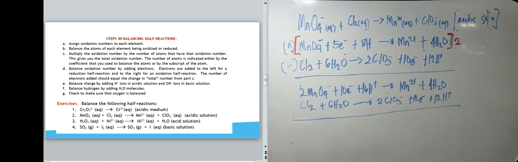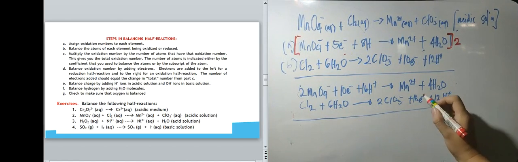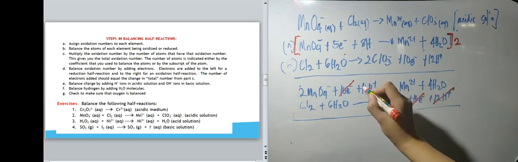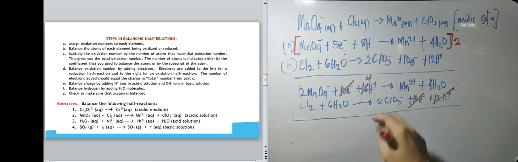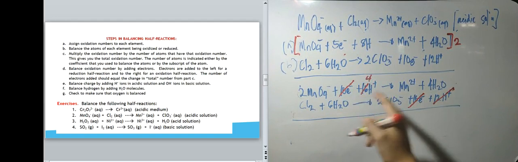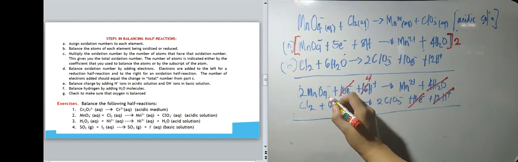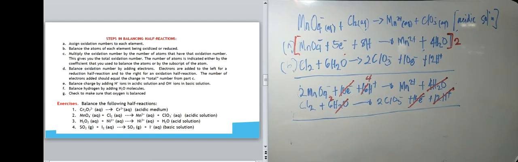So we'll cancel the 10 electrons. So 16 minus 12, so 4 na lang siya. Tapos 6 minus 4. Cancel na to. So we have 2 here. Dalawa na lang. Okay.